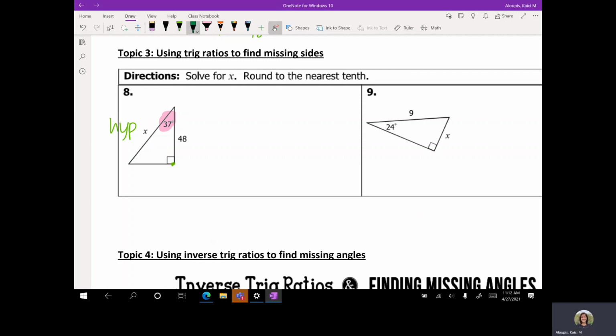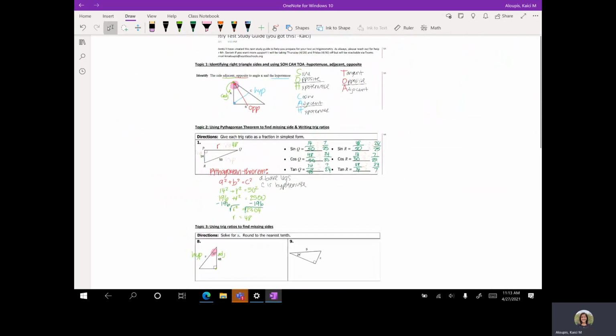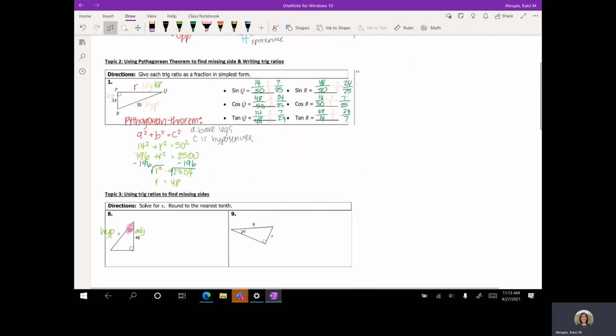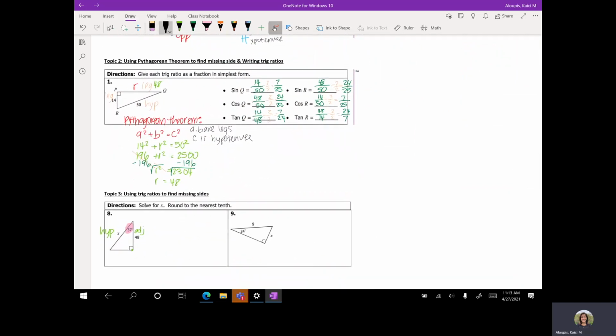That means that this side, the 48, must be our adjacent side. It's adjacent because it's right next to our angle, and it's not the hypotenuse side. So we have hypotenuse and adjacent. To decide which trig ratio to use, sine, cosine, or tangent, let's go back up to SOH CAH TOA.